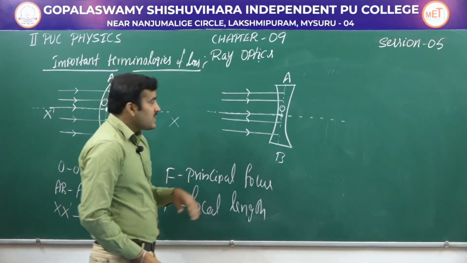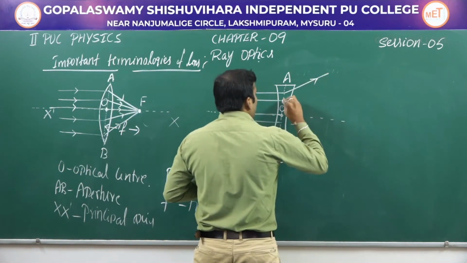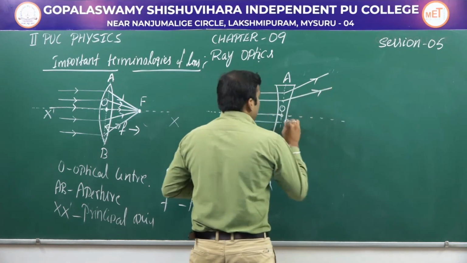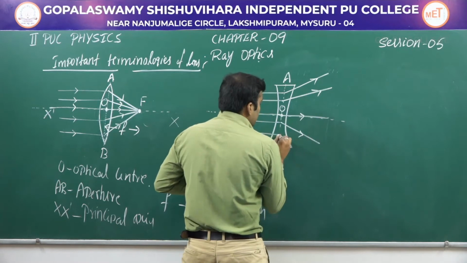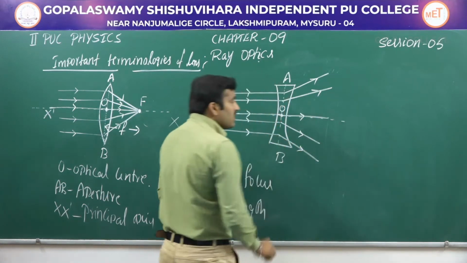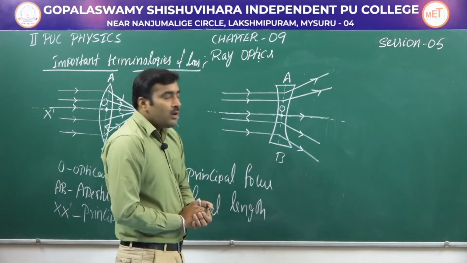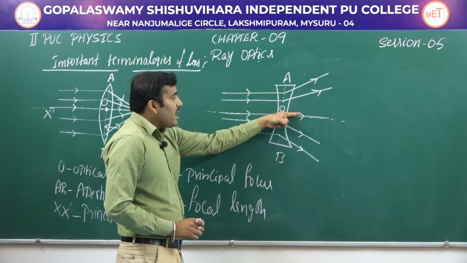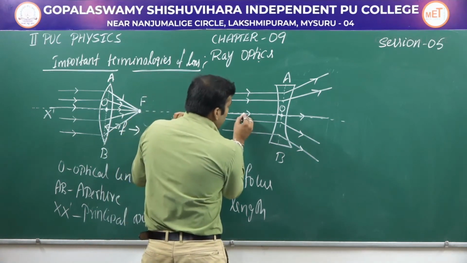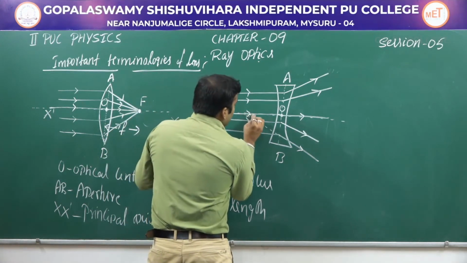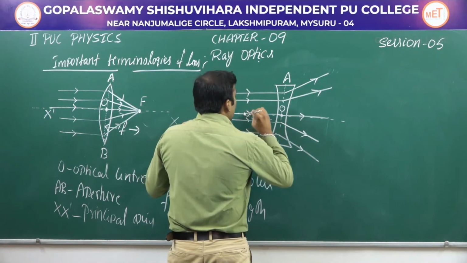Now what happens is the rays are going to diverge. They do not converge, or bend towards the principal axis. They just diverge. But if I trace back these refracted rays in the backward direction, it appears that all the refracted rays are coming from a single point.